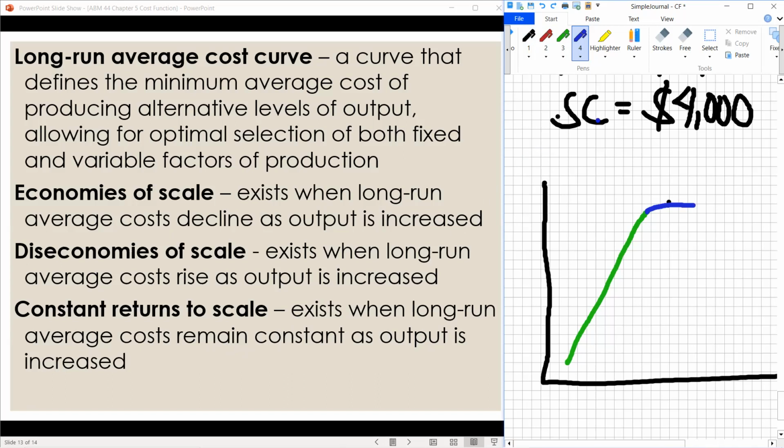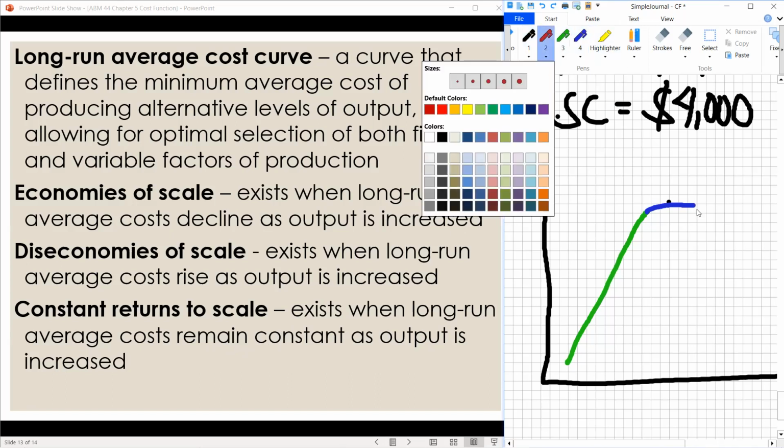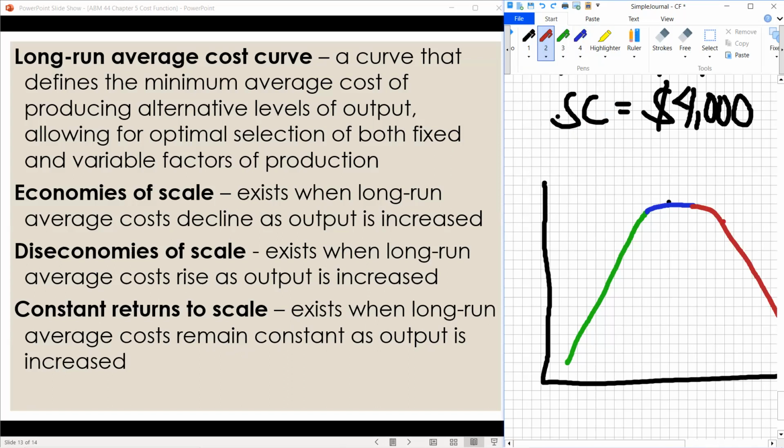Again, average cost remains constant as output increases, while this is diseconomies of scale, the diminishing one. So the average cost rises as output is increased. So it most likely looks like this curve.